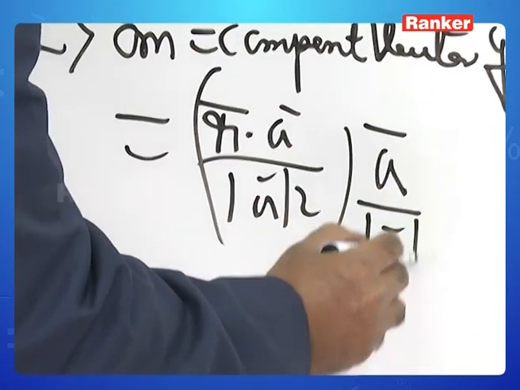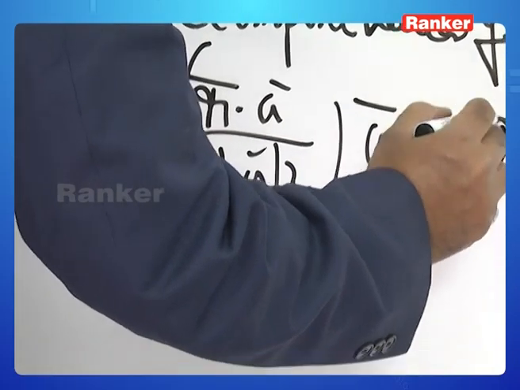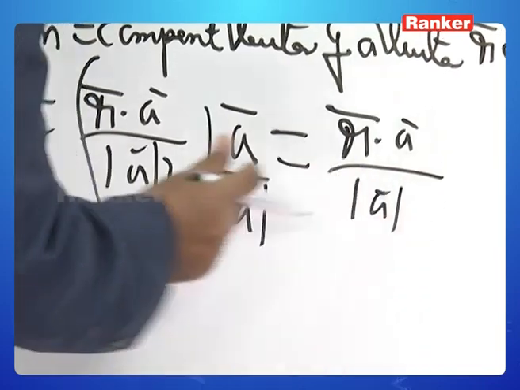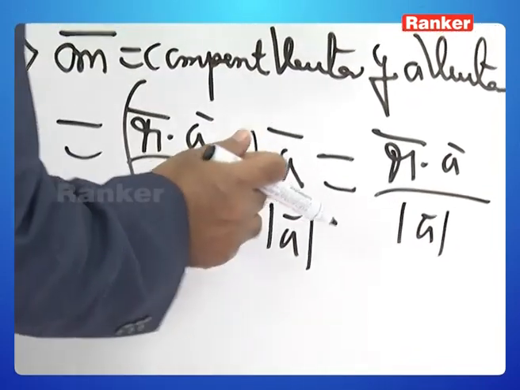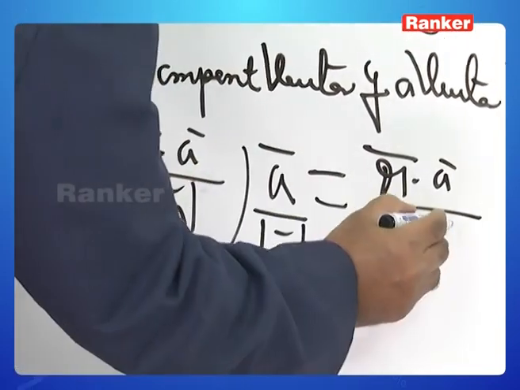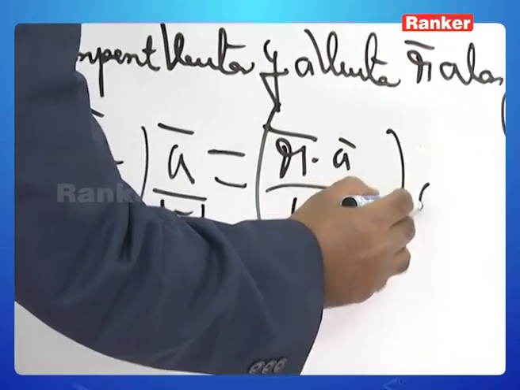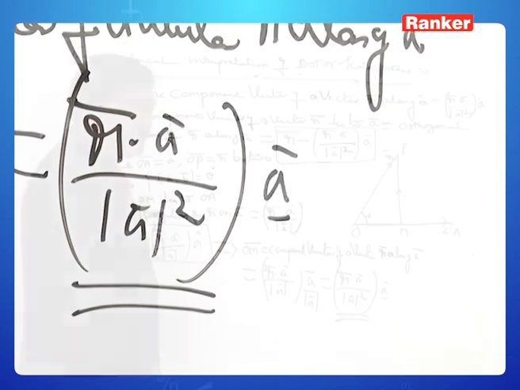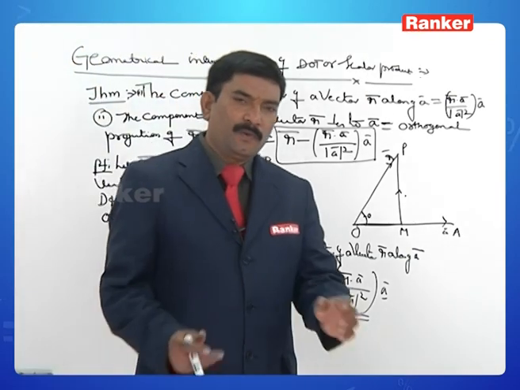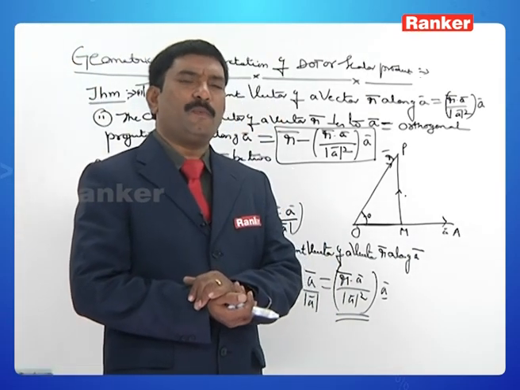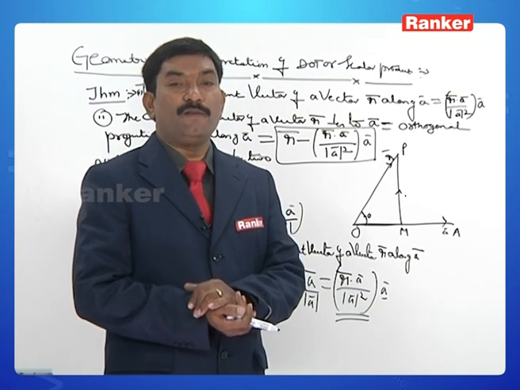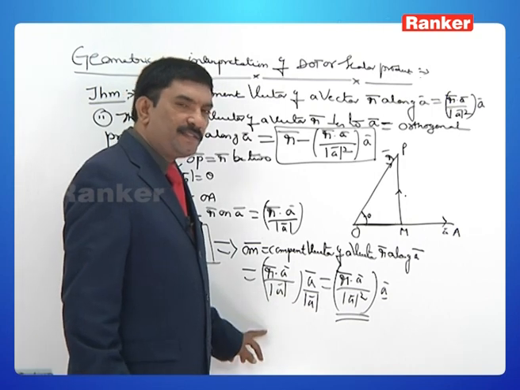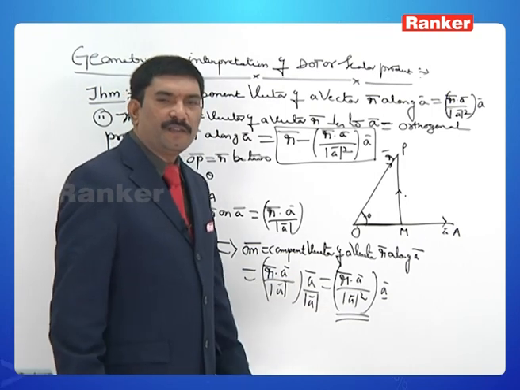This is a vector. The scalar projection of B on A is A dot B by modulus of A; this is also a projection, but it is a vector quantity.